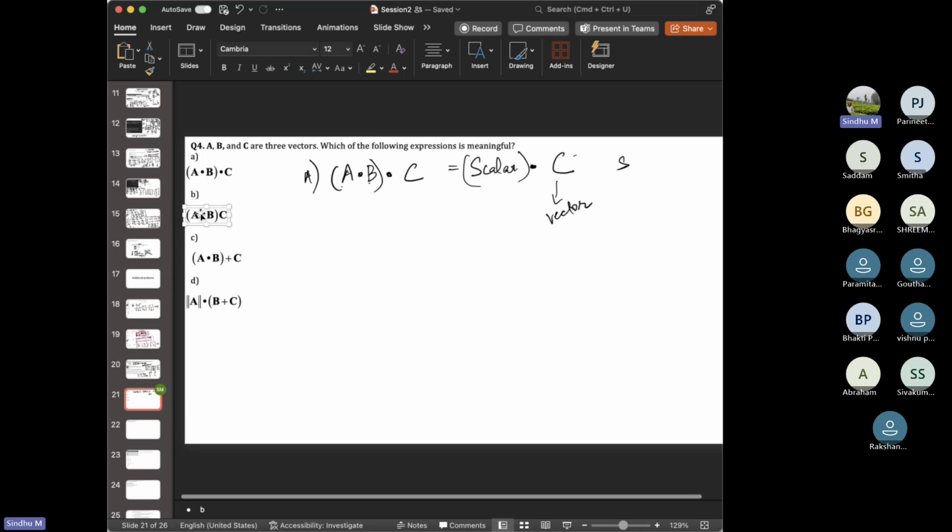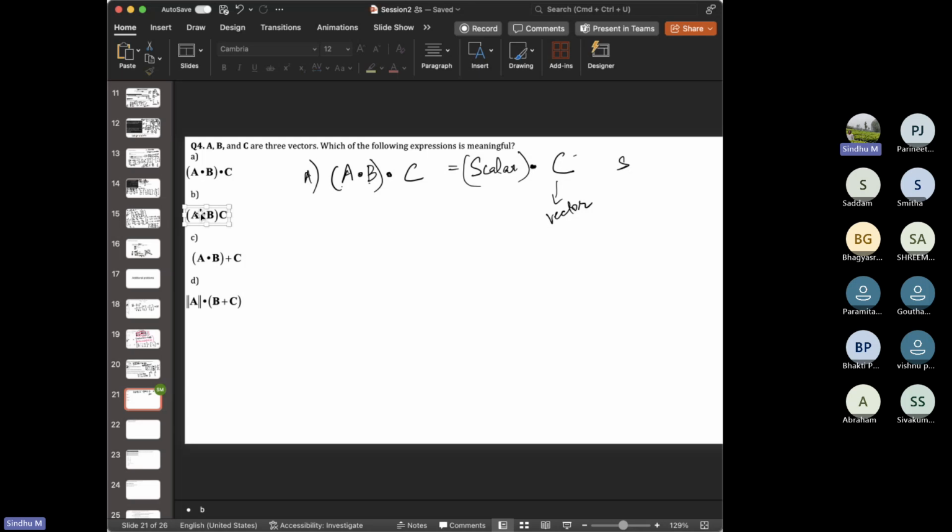And option B is the dot product of two vectors followed by a product. So this is just normal, this is not a dot product. Here, this bracket indicates just scalar multiplication.